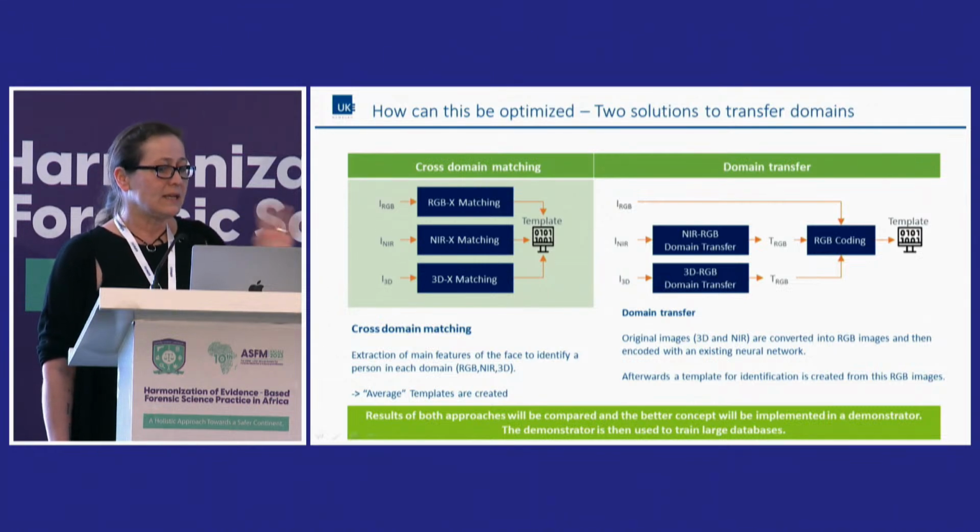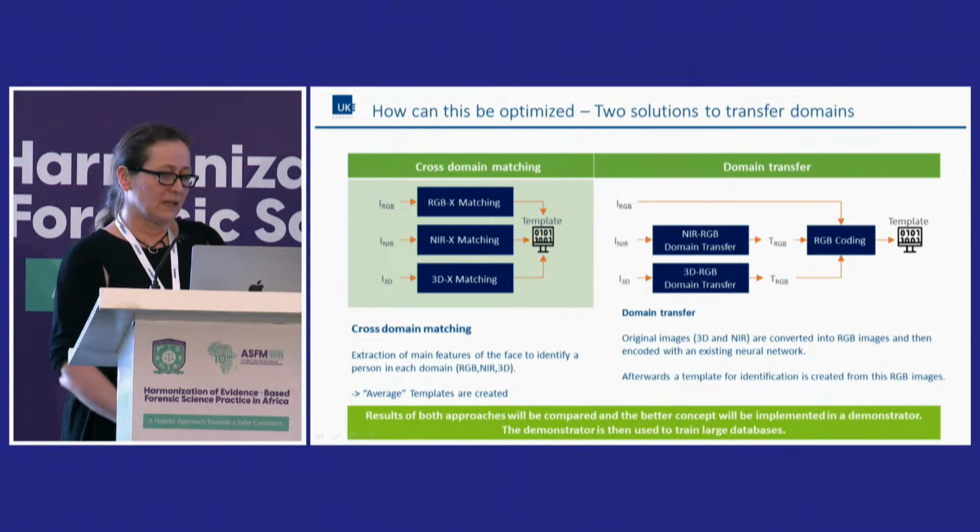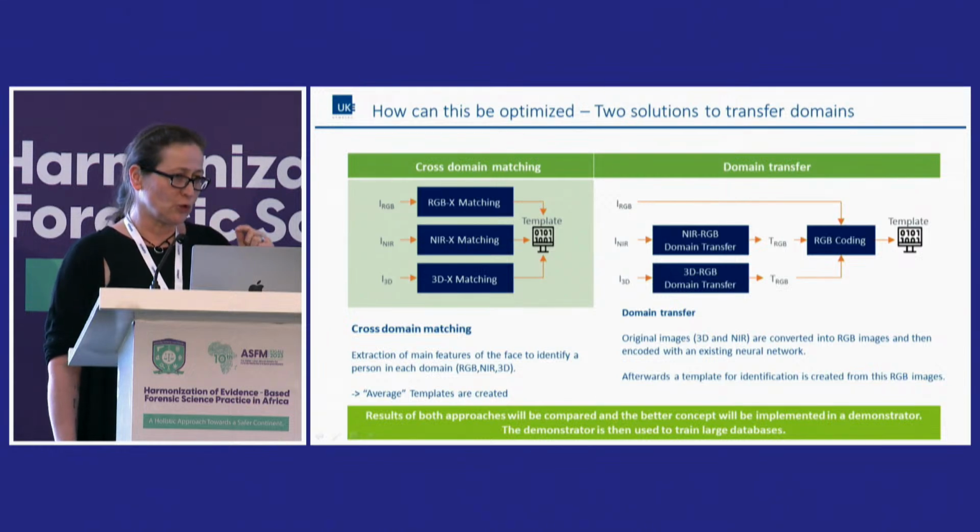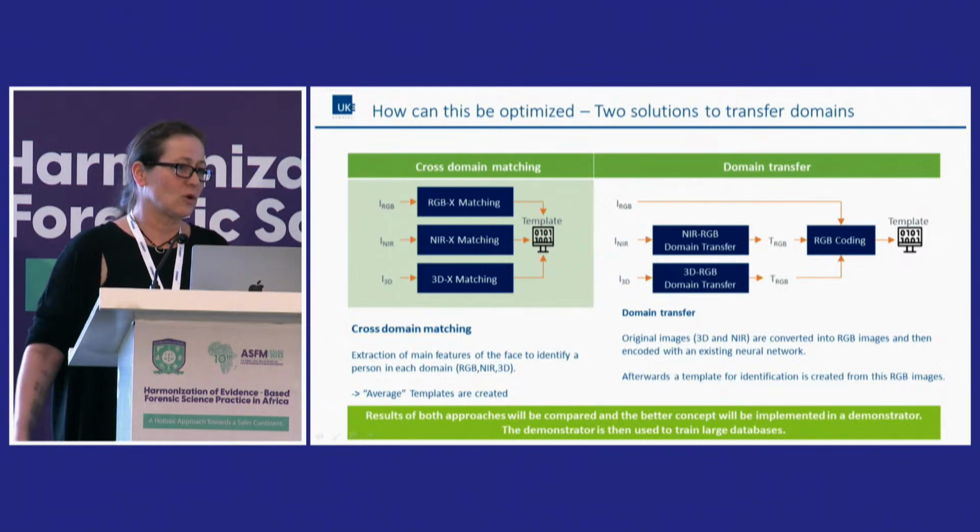That's the one way. The other way would take each domain, convert this into an RGB image, and then again rebuild or create, through encoding, which is also a neural network, another image which you can use to make a template again. So at the end, it's always the same.